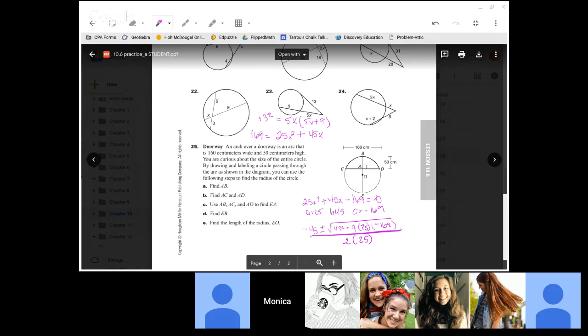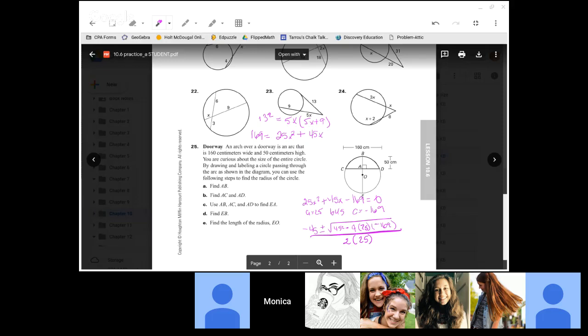So working through now, here's how you'll do the part that's under the square root, because we'll deal with that first. So in your calculator, do negative 4 times 25 times negative 169. And then now do 45 squared minus that.